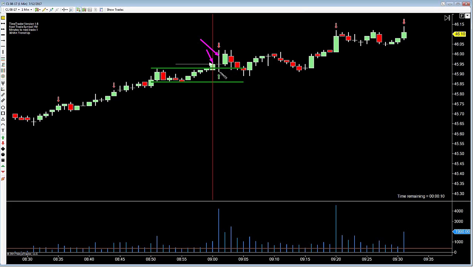I could have taken this in either direction. When the volume came up, I was watching it as it went. Price came down, and it was red when the green arrow came up. That was the indication to go long.